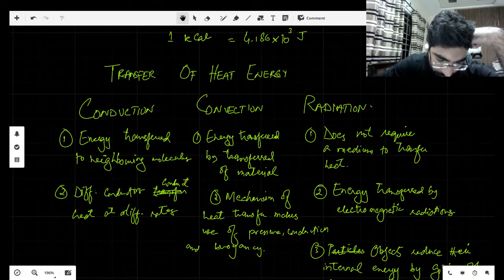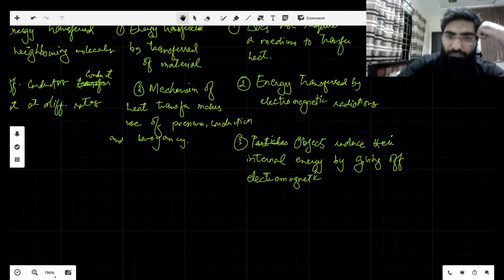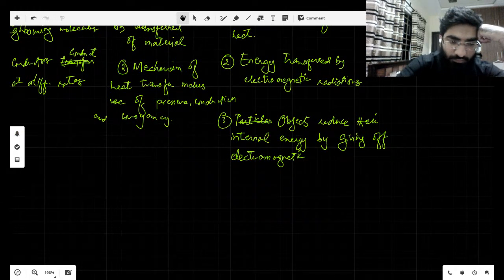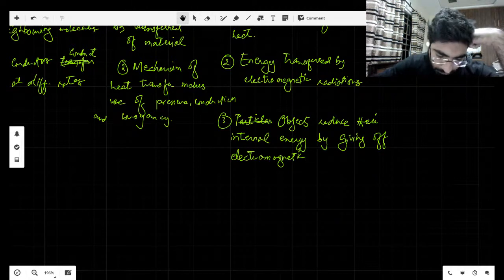I can't see this part. I'll move the screen now. Electromagnetic radiation of particular wavelength.